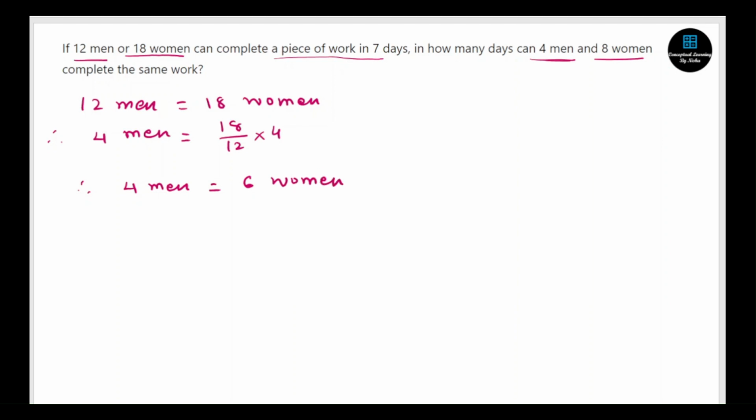Why have I done this? Because here I need 4 men. So therefore 4 men plus 8 women are nothing but 6 women plus 8 women, right? So the total is 14 women.